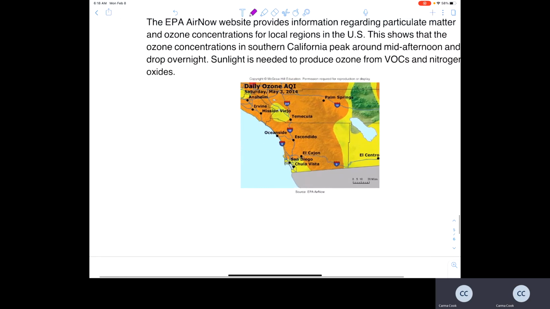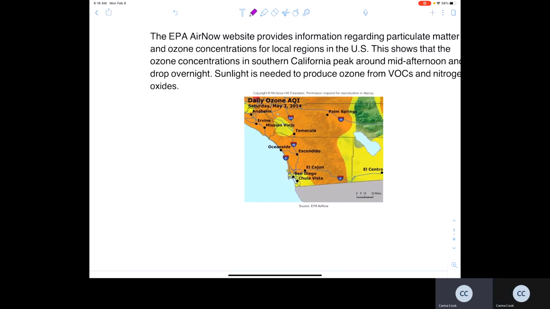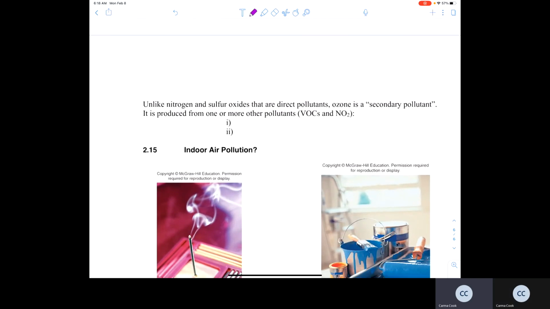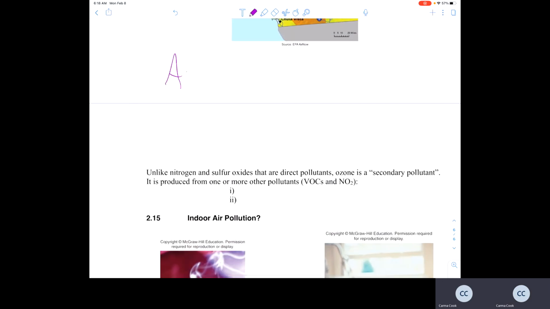So that's why you see a drop in the ozone concentration at night versus middle of the day. So that website is airnow.gov. So if you want to know what's the ozone concentration and the carbon monoxide concentrations in Chattanooga today, you can go to that site and it will tell you.